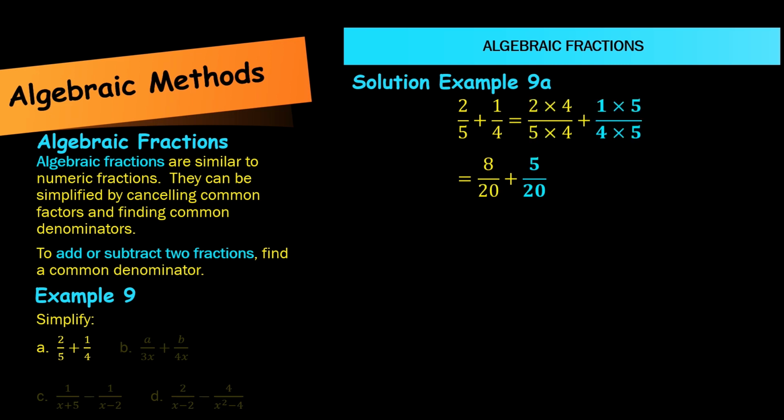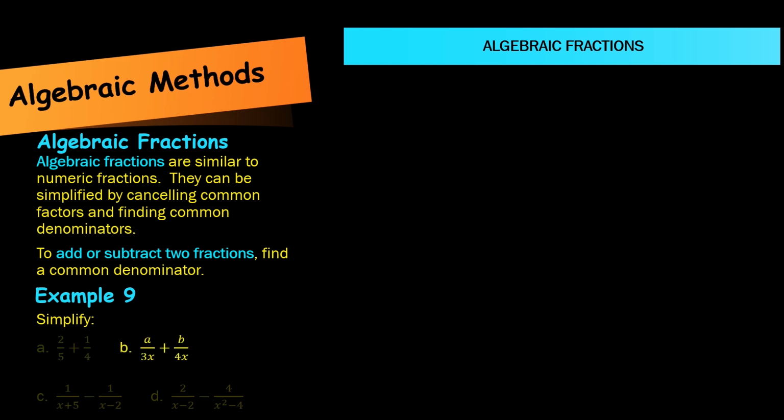And then we can add to give 13/20. And now for part B. Again, we are adding two fractions, and this time we're adding algebraic fractions. Of course, to add or subtract two fractions, we need to find a common denominator.